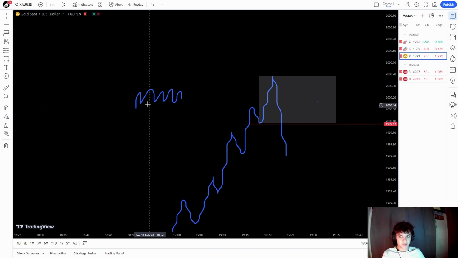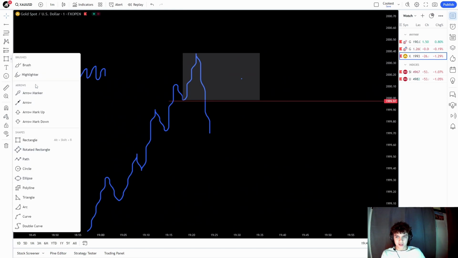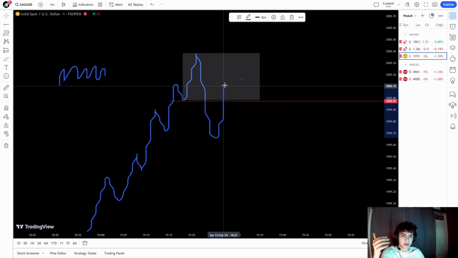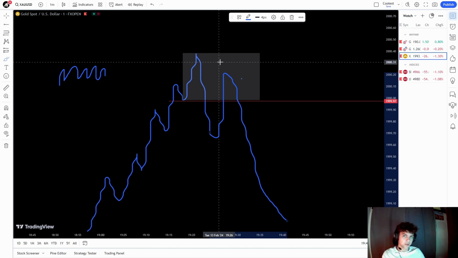So the order block: the banks and institutions already took out a lot of traders and filled orders, but if they have more orders left to fill, they can simply go back into this order block and then continue in the direction it was going after the break of structure.